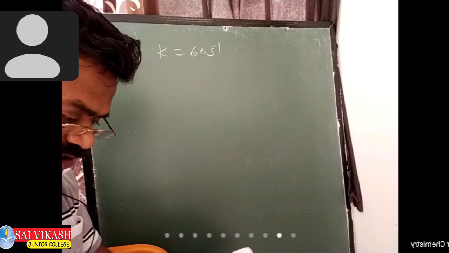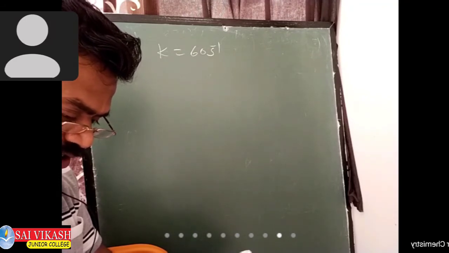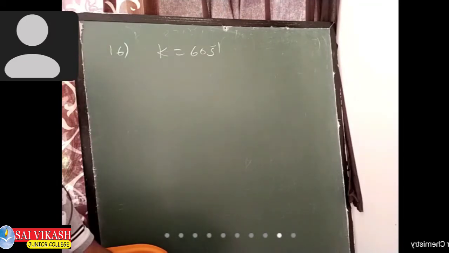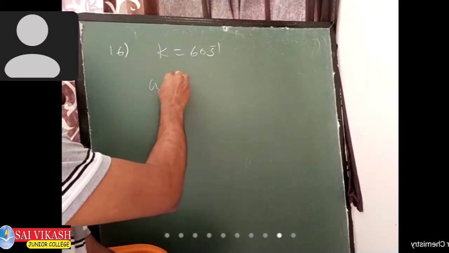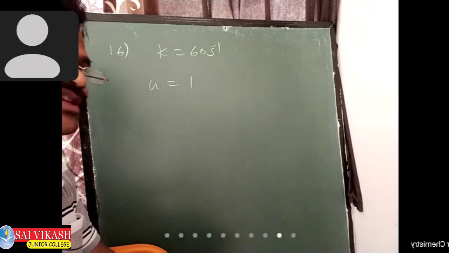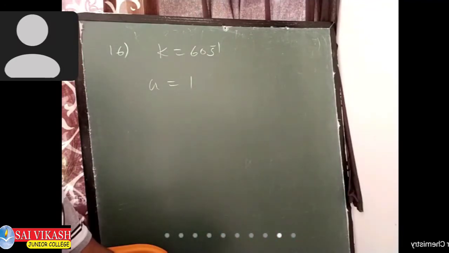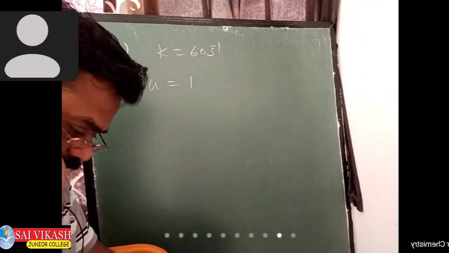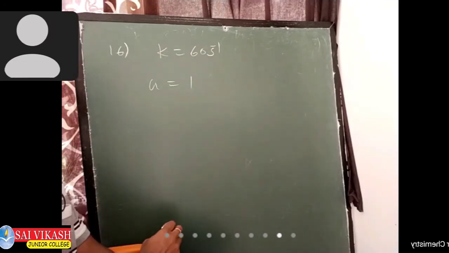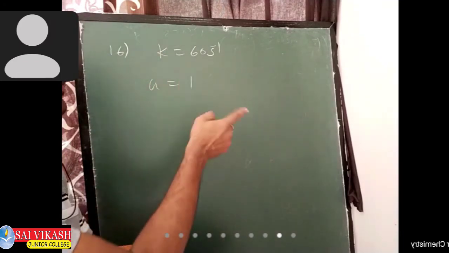How much time will it take to reduce the initial concentration of the reactant to its 1/16th value? Whatever the initial concentration is, it is reduced to 1/16th, so how much will be x, and how much will be a minus x? Tell me. Time they are asking. So a I have taken as 1.